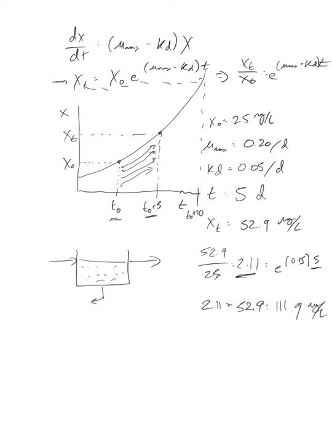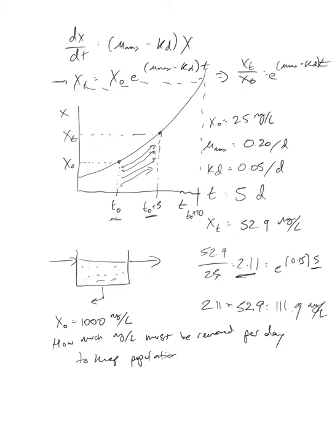So in this case, let's say our initial population is 1,000 milligrams per liter, and we are asking how many milligrams per liter must be removed per day to keep the population constant. So in other words, we're at 1,000, we're going to grow. How much are we going to grow, and therefore how much do we need to remove?